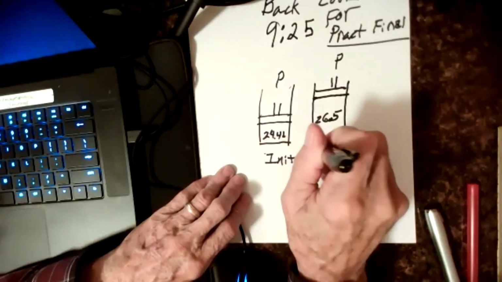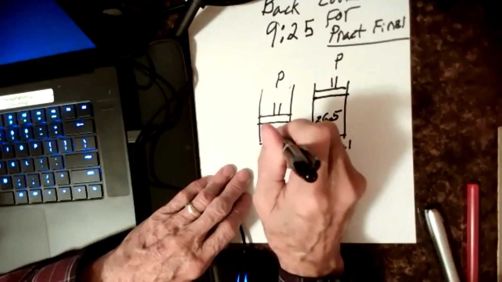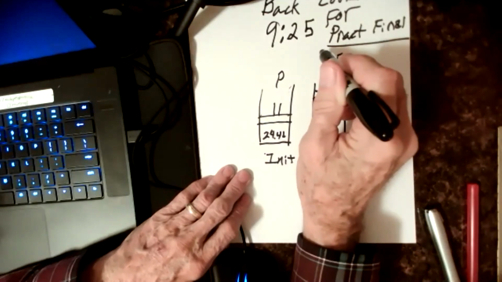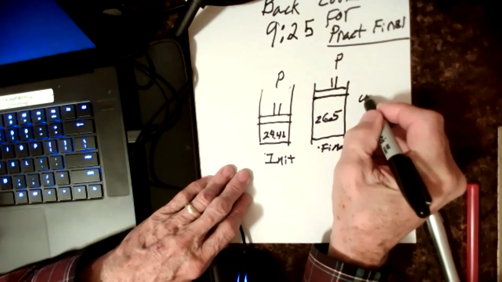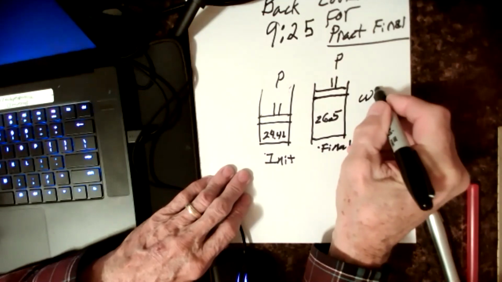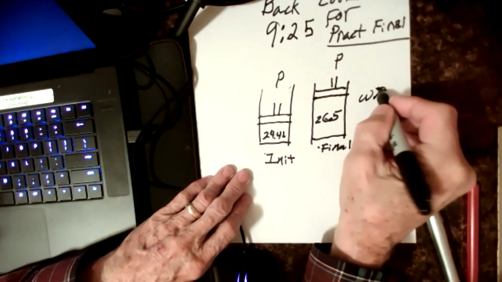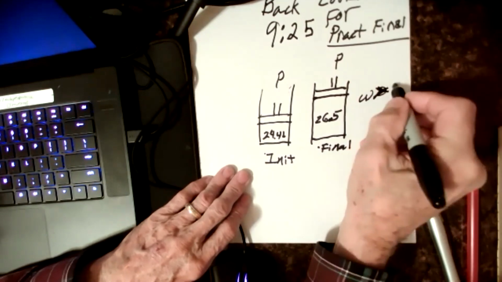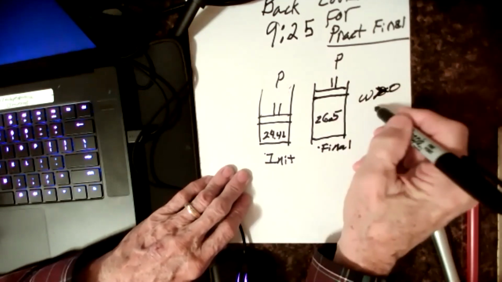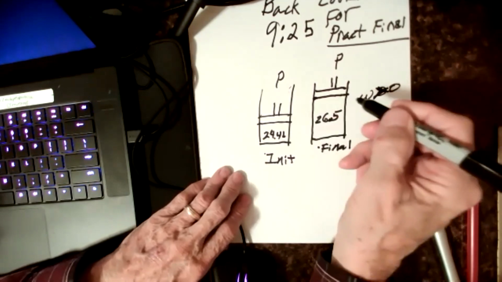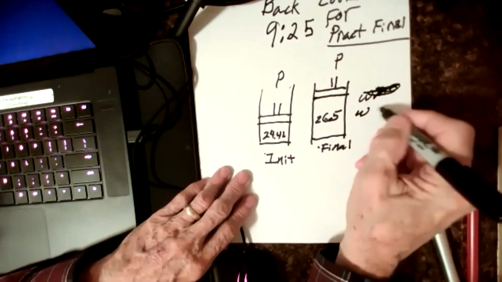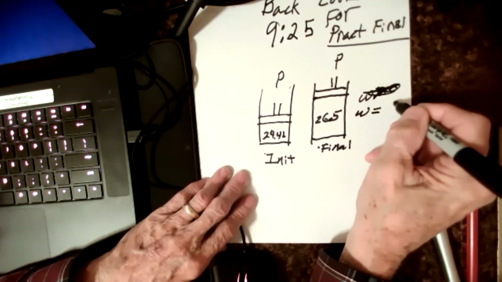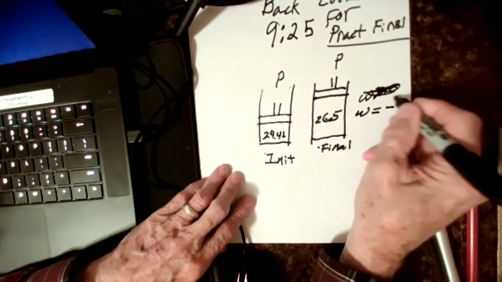Well, the system pushed the atmosphere back. So work came out of the system. Work coming out of the system is what sign? Anything coming out is what? Work is going to be a negative value.